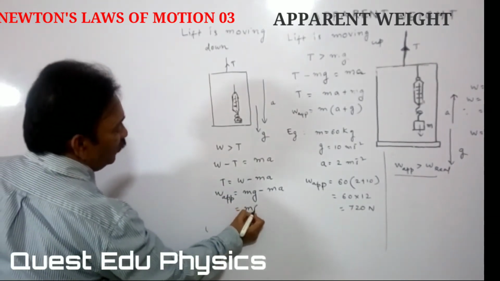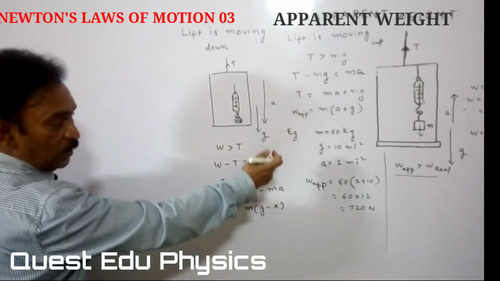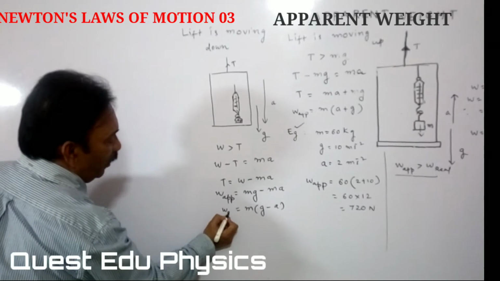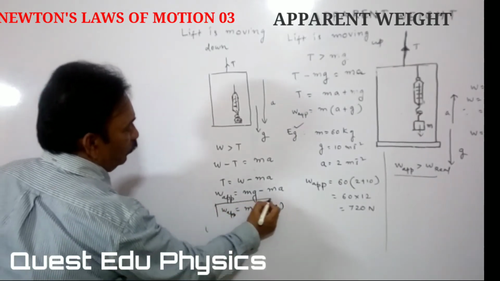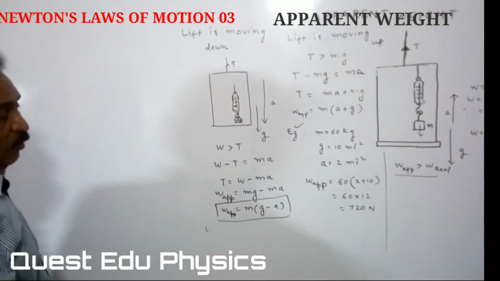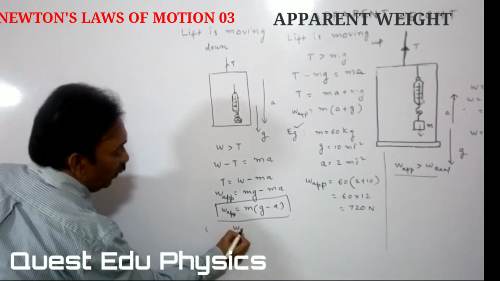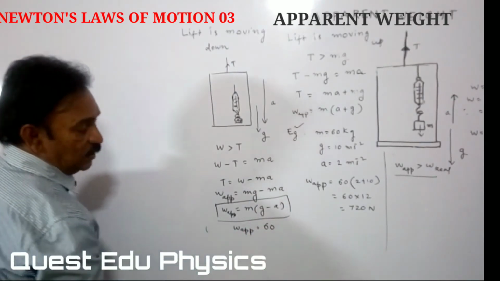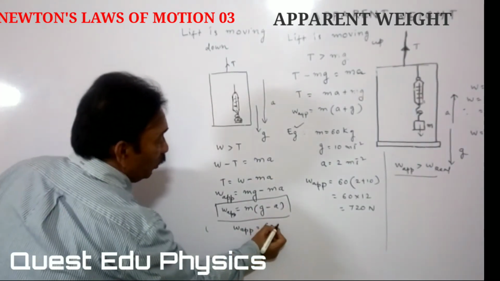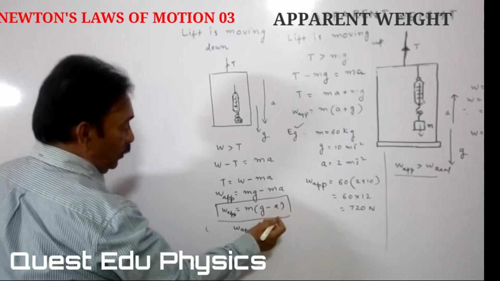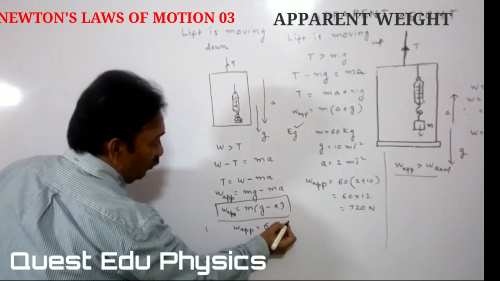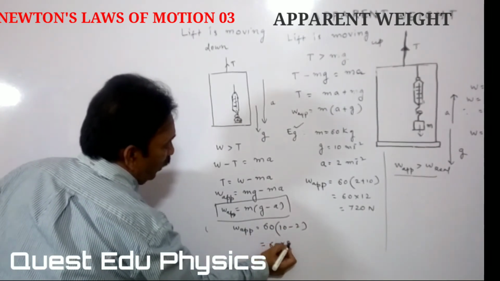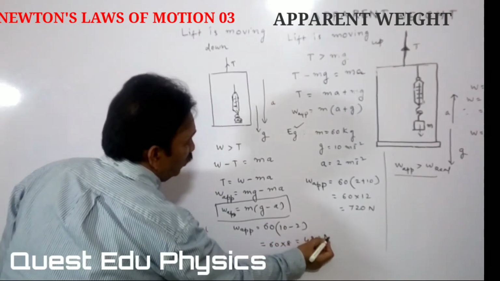It is m of g minus a, and put the same values we took here. M is equal to 60 as usual, into g minus a. We took g as 10, a as 2. It is 60 into 8, 480 Newton.